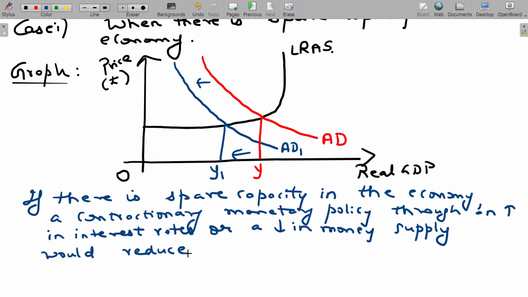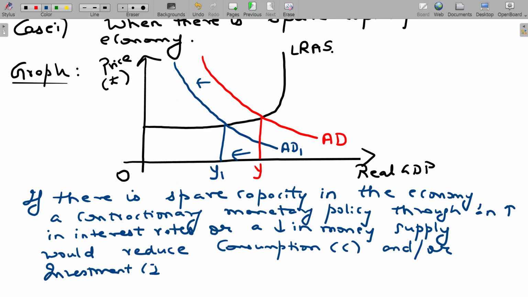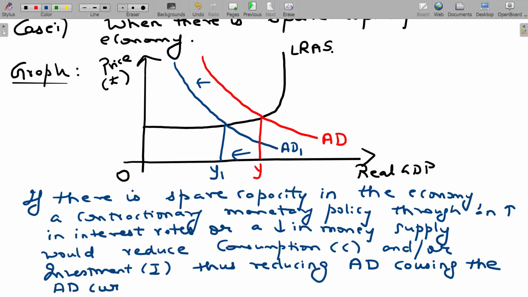reduce consumption and investment, thus reducing the aggregate demand, causing the AD curve to shift to AD1.